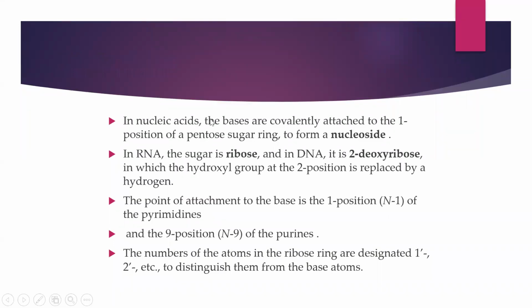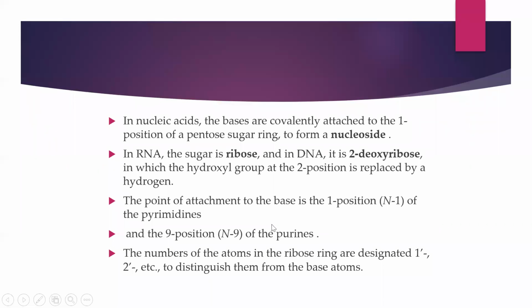As I told you, the bases are covalently attached to the 1st position of the pentose sugar moiety to form the nucleoside. In RNA, it is ribose, whereas in DNA, it is 2-deoxyribose, where the hydroxyl group at the 2nd position is replaced by hydrogen.